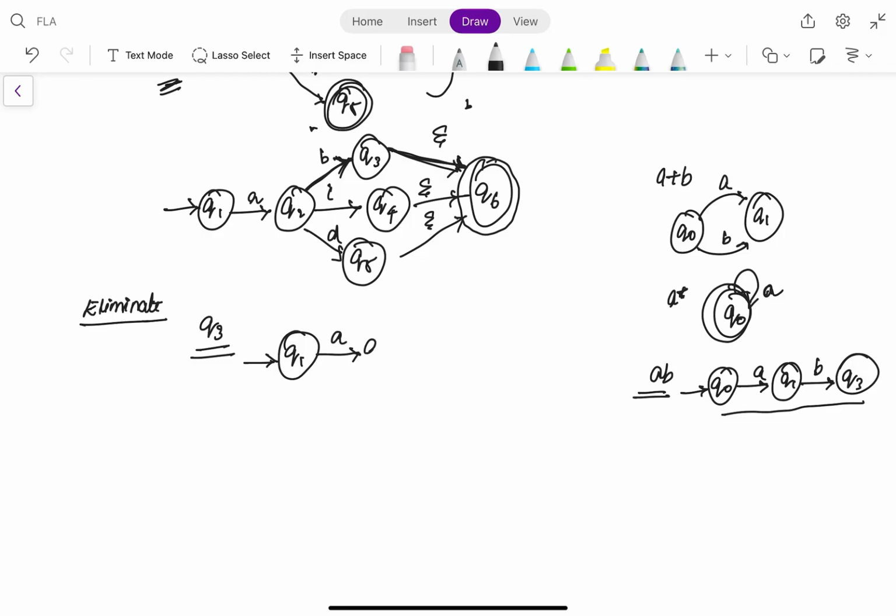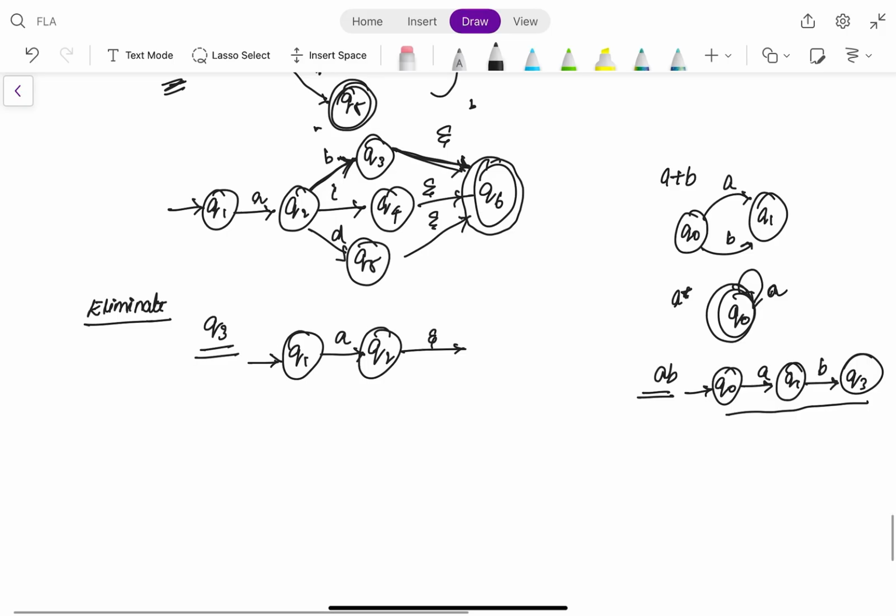So remove that state. Sorry, Q2, you remove the Q3 state, no? Now you will have only QC state, C transition to Q4, B transition to Q5. So you are removing Q3.